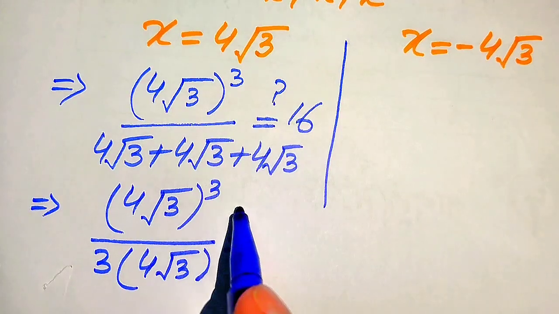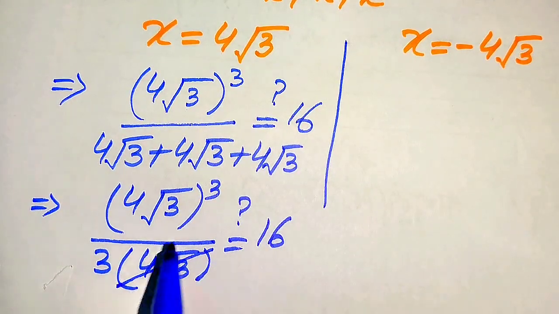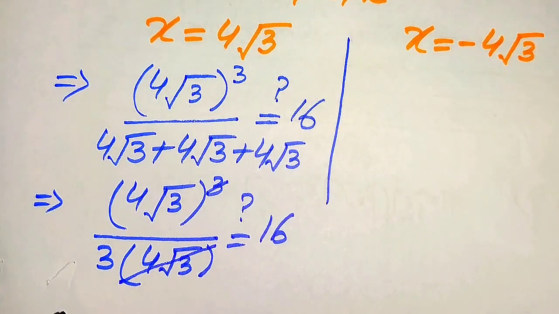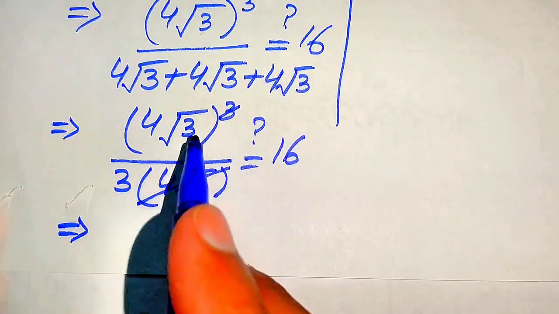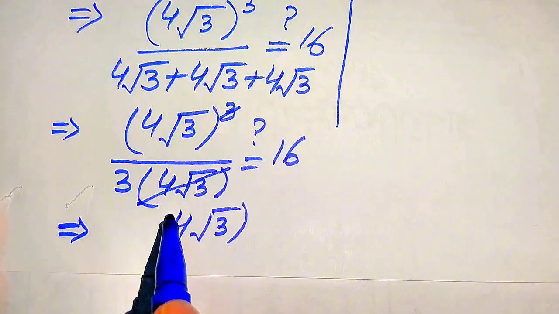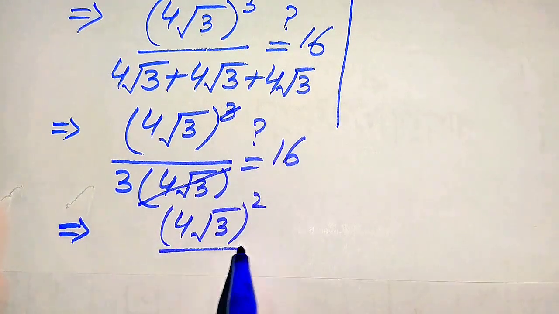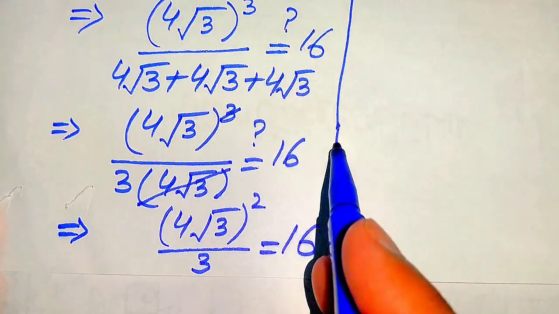So this is equal to 16 or not, and this is our claim. You see here, this term is cancelled out by one of these terms, and after cancellation we get in the above side (4 times the square root of 3) whole squared divided by 3 is equal to 16.